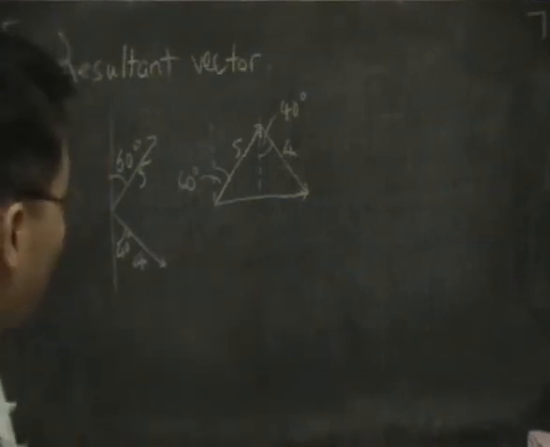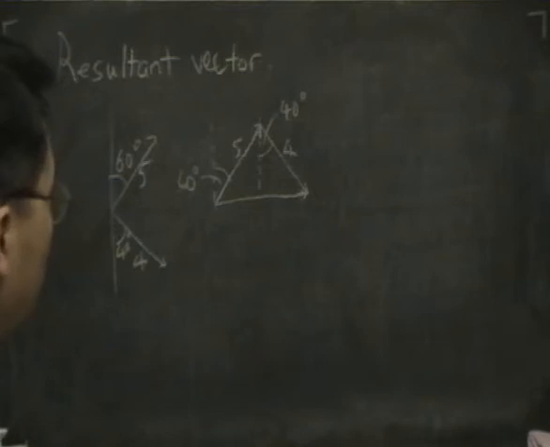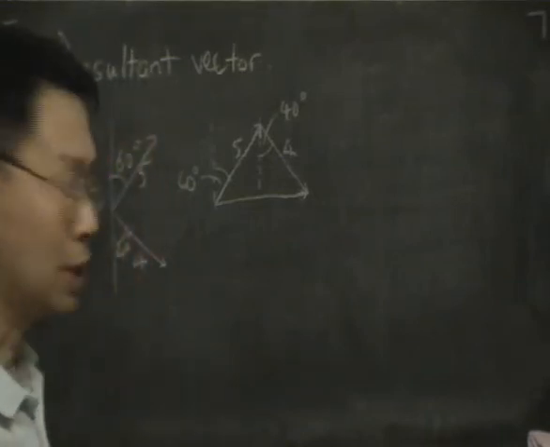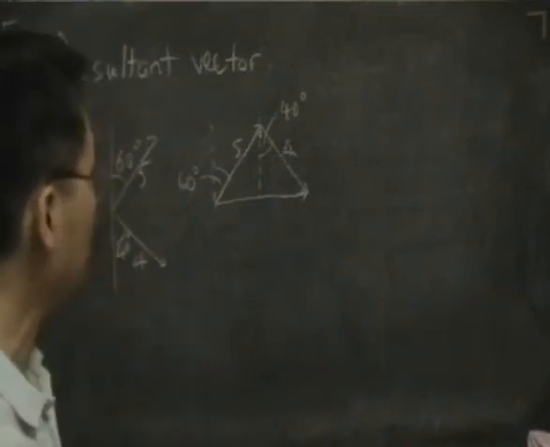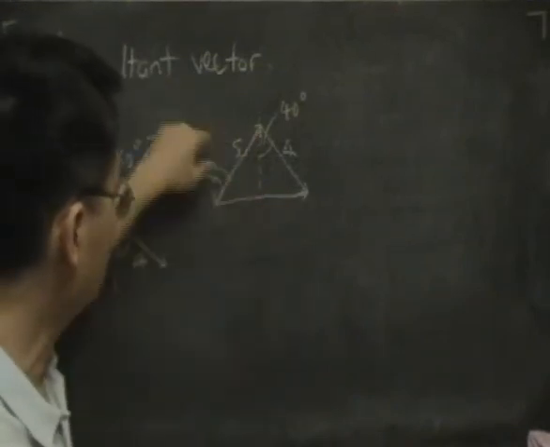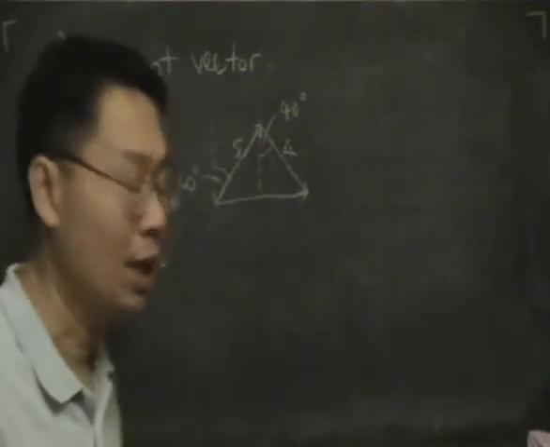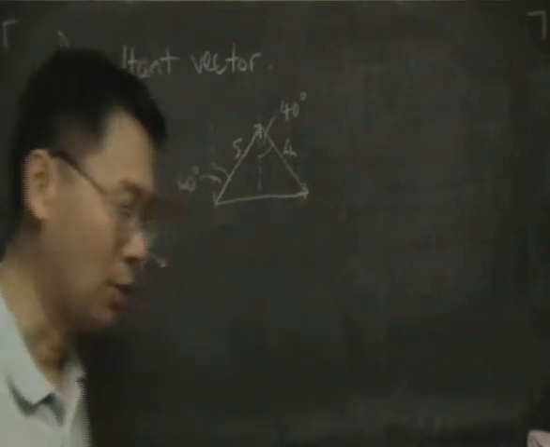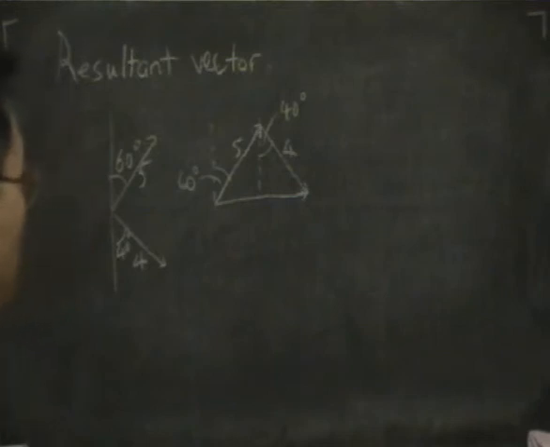So for the length, you can do it by drawing, like I described just now. Just take out your ruler and your compass, measure out this distance and the angles, draw the triangle, and then you can simply use your ruler to measure that distance. That's a simple way.